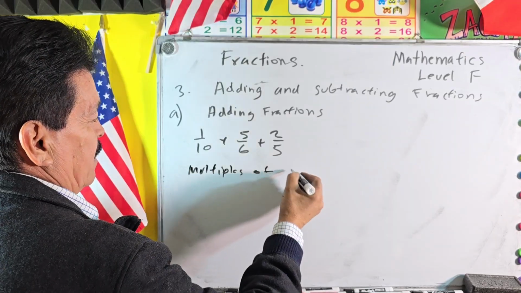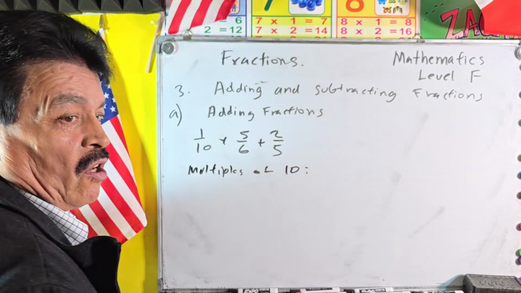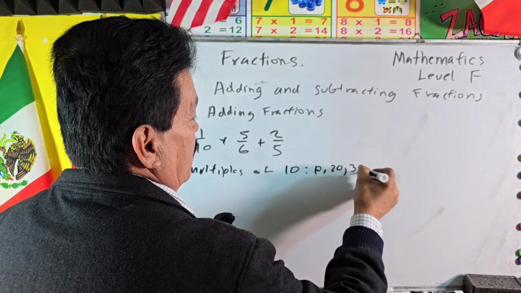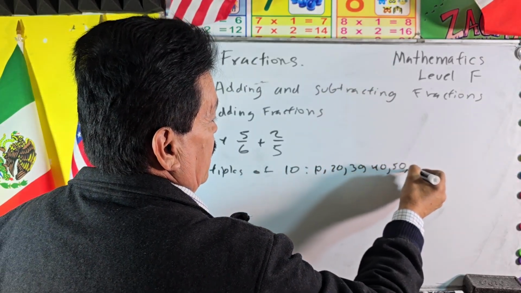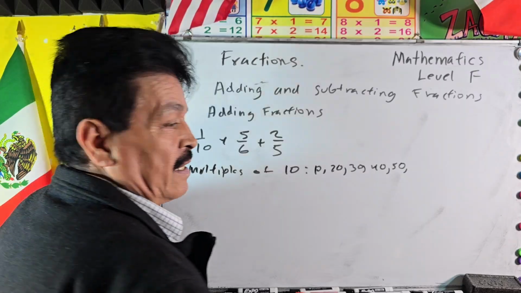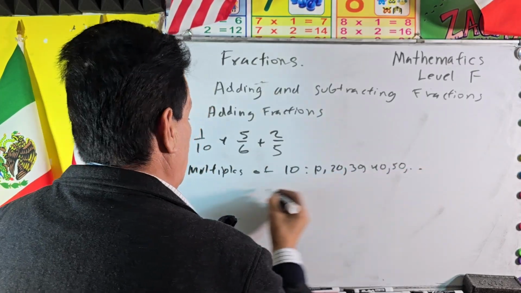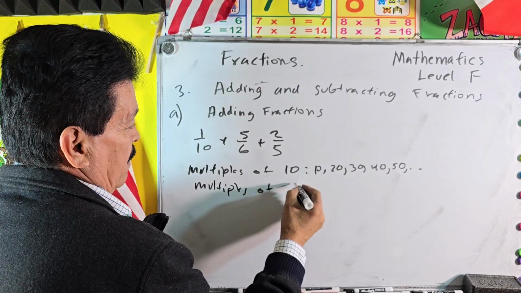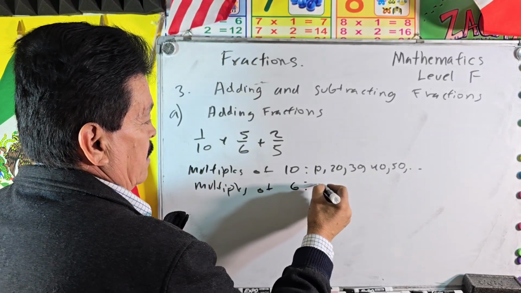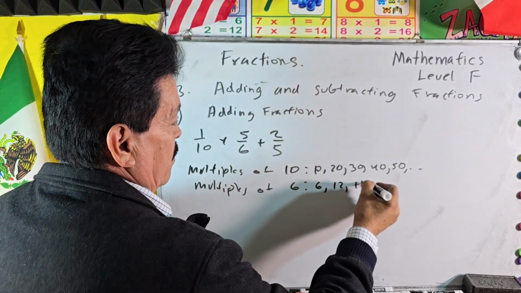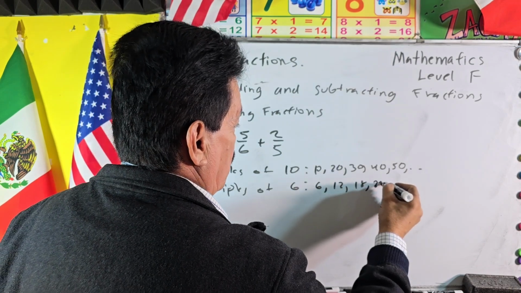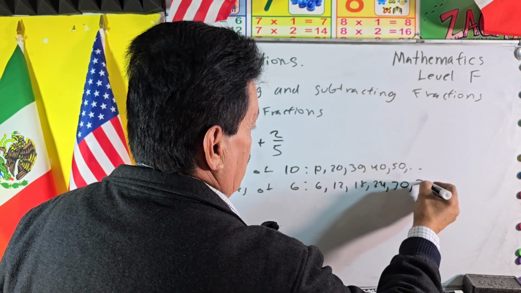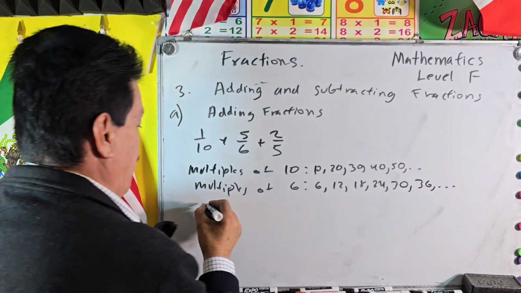Multiples of 10 are 10, 20, 30, 40, 50. And the multiples of 6 are 6, 12, 18, 24, 30.